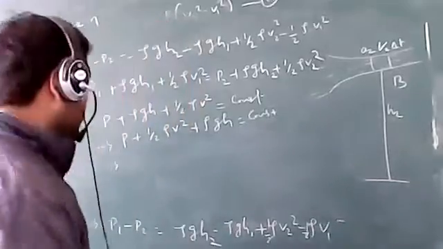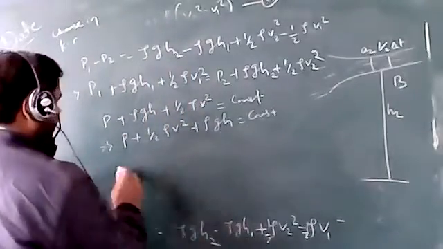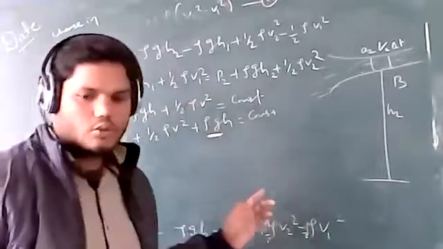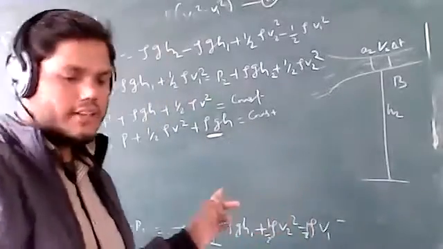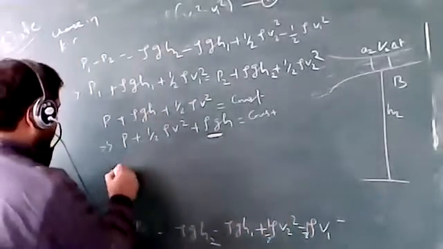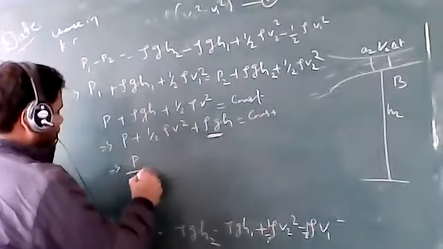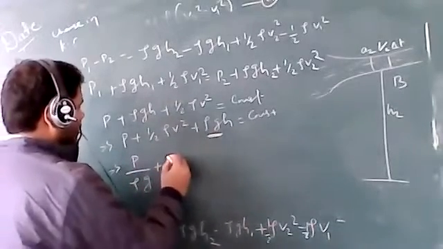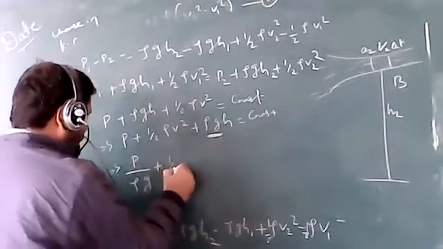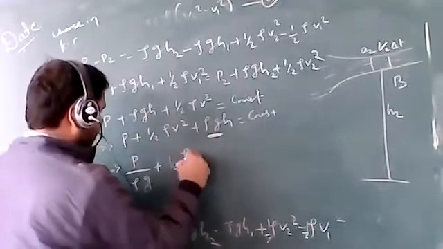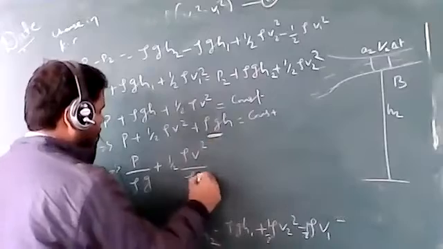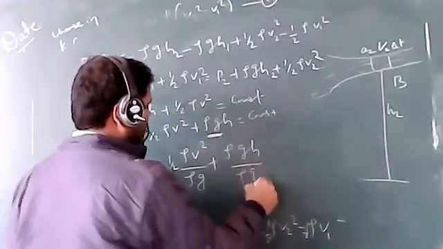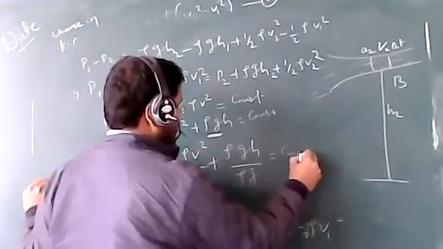If you divide by rho g in the three terms, then what will we get? You can write it like this: P by rho g plus half rho V square divided by rho g plus rho gh divided by rho g equal to constant.